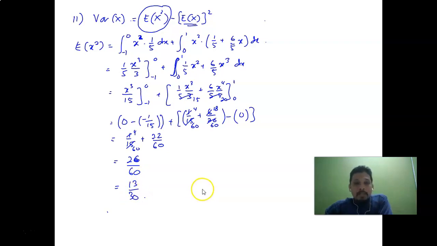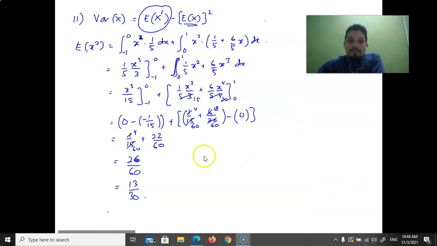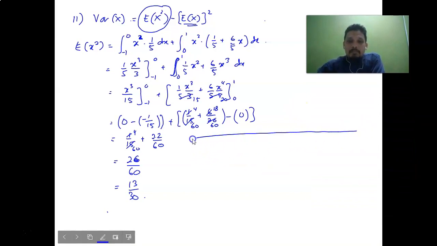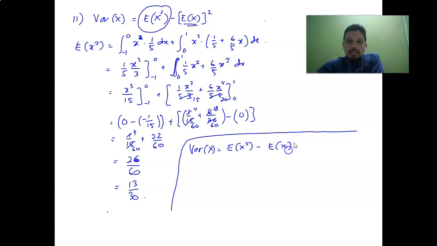Okay. So now, to find the variance of x, the variance of x equals E of x squared minus E of x in brackets squared. E of x squared we found here, which is 13 over 30, minus E of x.